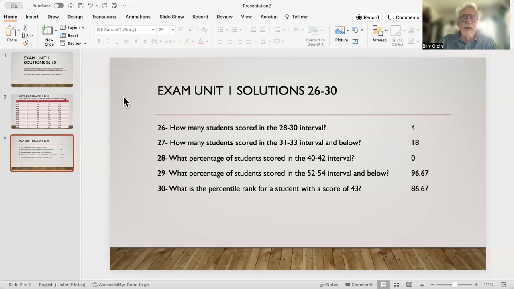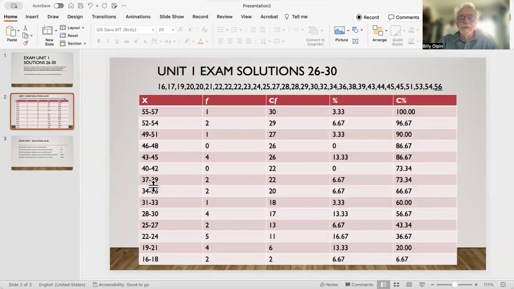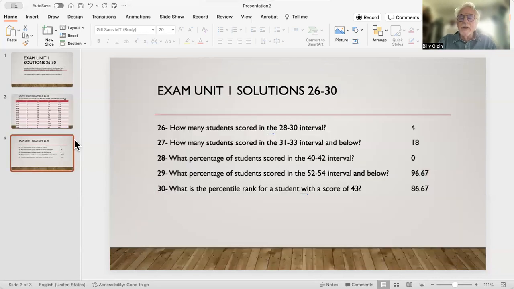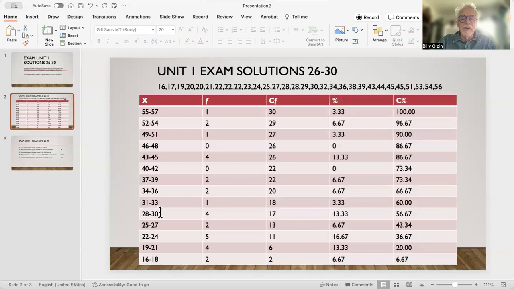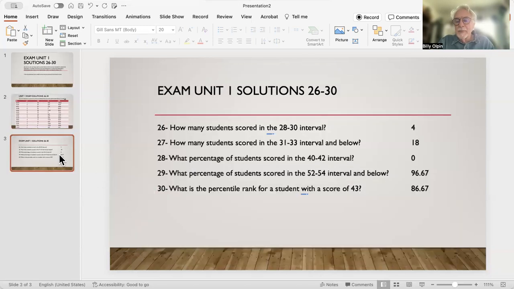A number of things happen, right? But for this question, I'm going to go to my 31 to 33, and I'm going to go across to the cumulative frequencies, right? Because it's 31 to 33 and below. So it's all of these people from here down. And so I just go to the cumulative frequency column, and there it is. And the answer is 18.